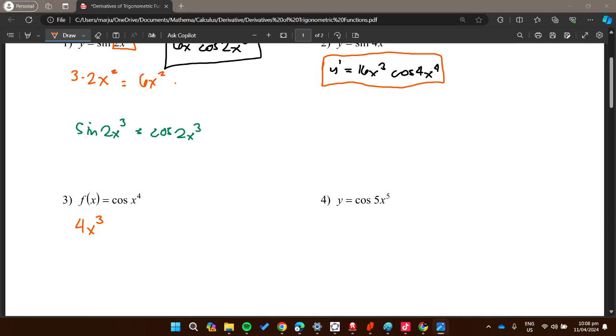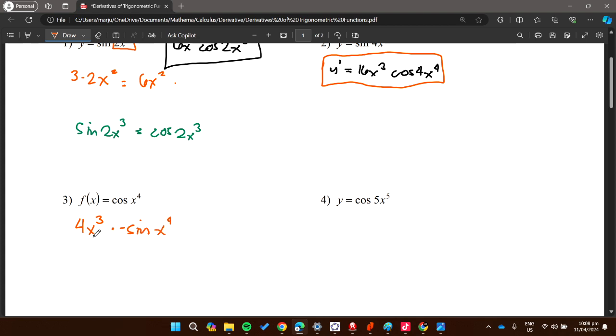And, ano yung derivative ng cos? Cos again is negative sine lang. Alright? So, ang gagawin natin is what? Ang gagawin natin is, we're gonna do times the negative sine x to the 4th power.